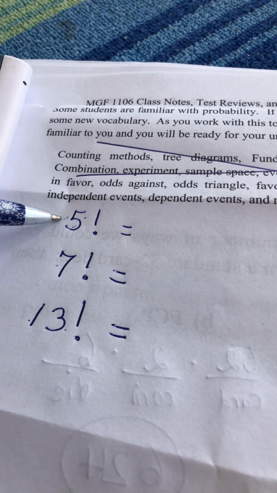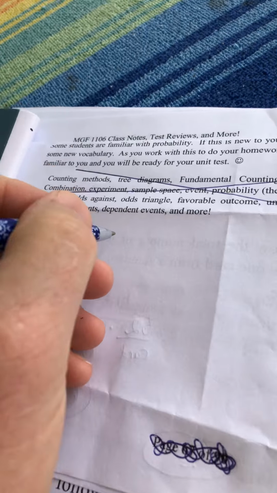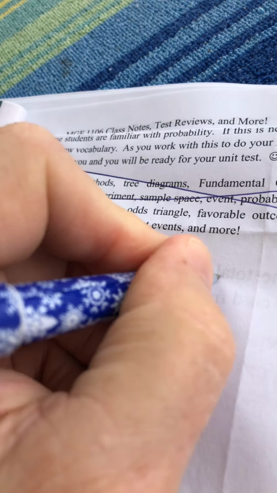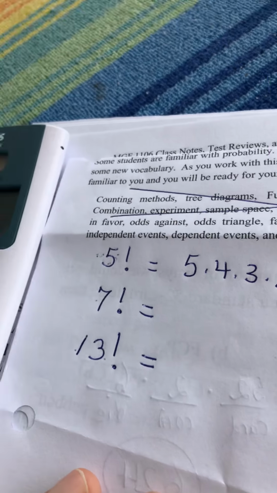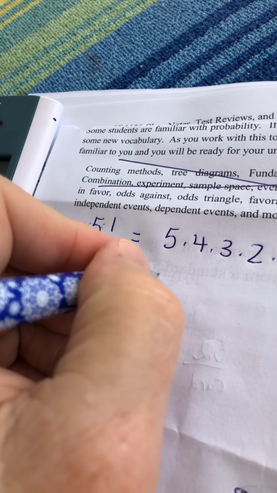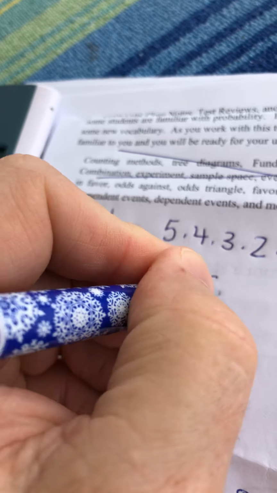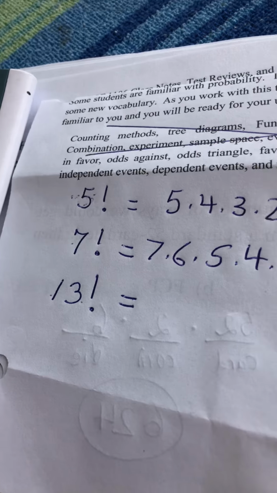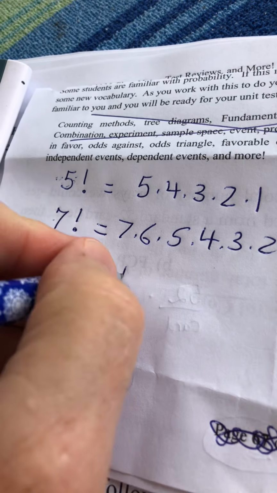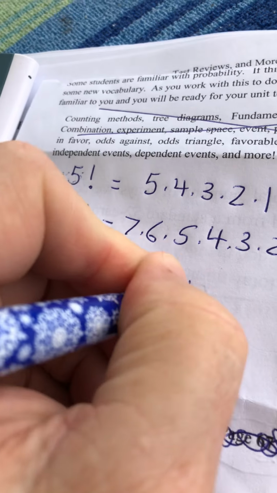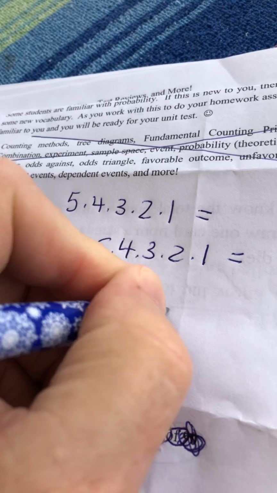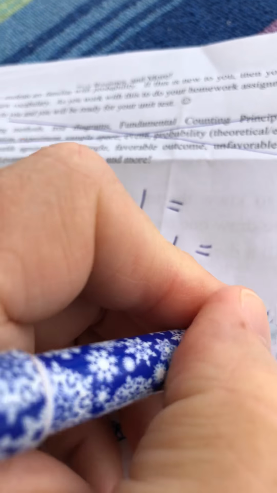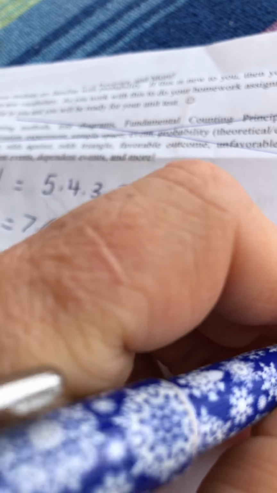You're not emphasizing 5. 5 factorial means 5 times 4 times 3 times 2 times 1. 7 factorial means 7 times 6 times 5 times 4 times 3 times 2 times 1. And 13 factorial means 13 times 12 times 11 times 10 times 9 times 8 times 7 times 6 times 5 times 4 times 3 times 2 times 1.